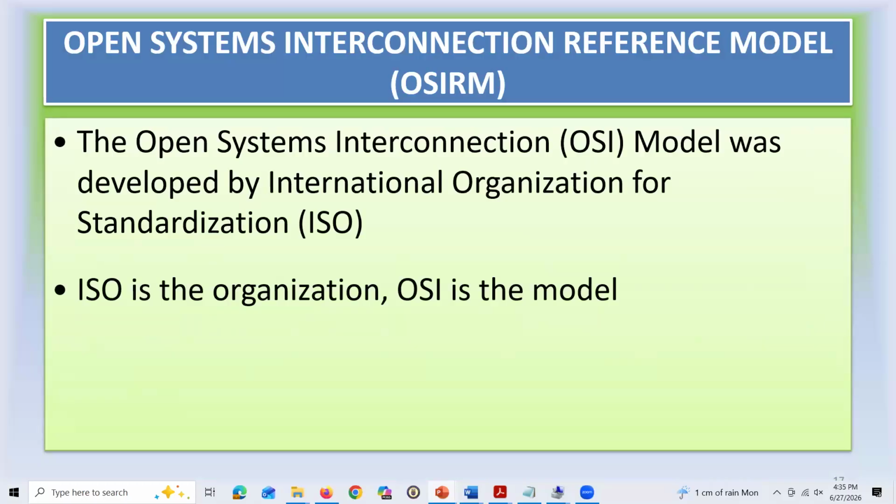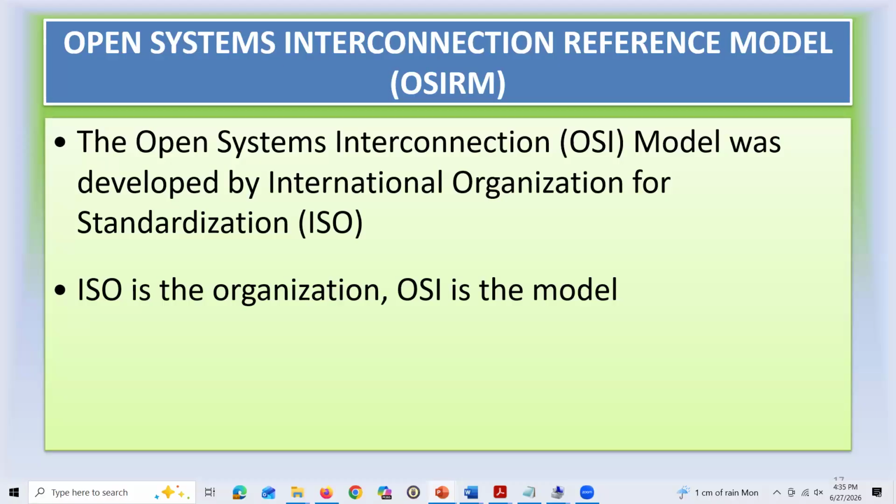As I spoke about standards, there's a standard way of doing it. So we say that the OSI reference model is a standard method or procedure of transmitting data through 7 layers.